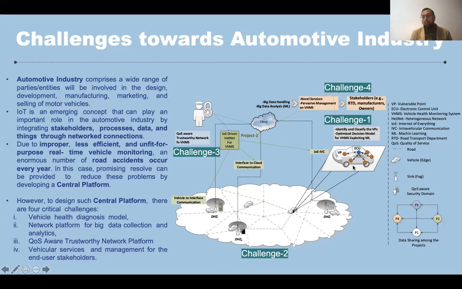So how can we transfer this data? In order to transmit this data, we should have some communication, some networking domain, that we call an IoT-driven heterogeneous network. Why are we talking about a heterogeneous network? Because look, the communication will take place inside the car, in order to transmit this information inside the car.